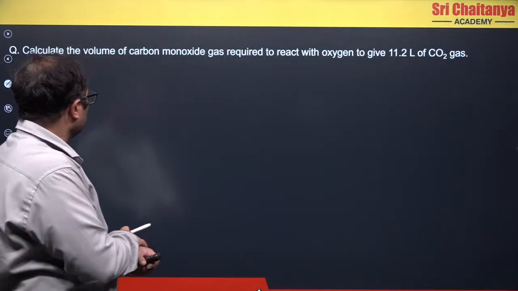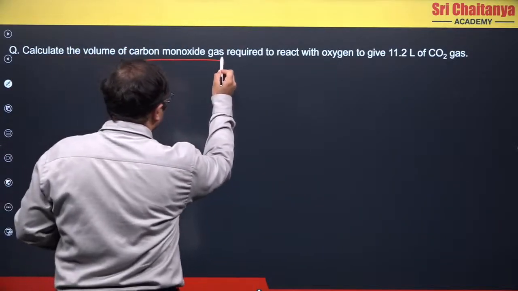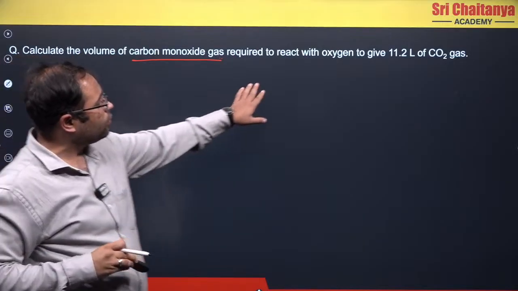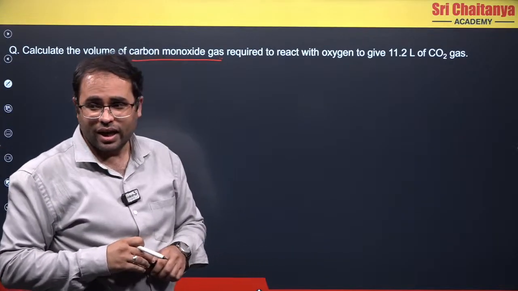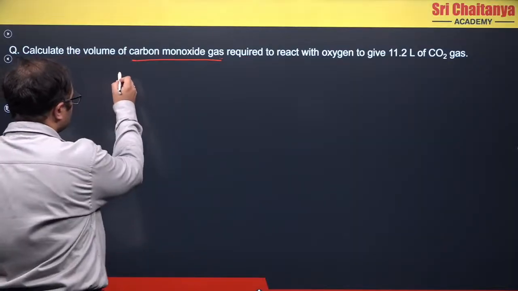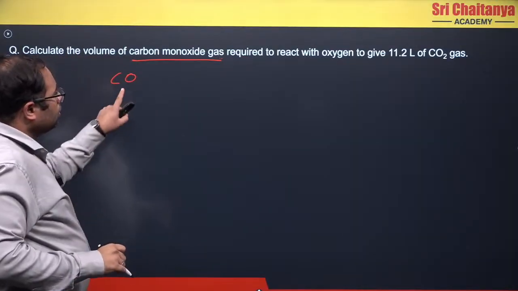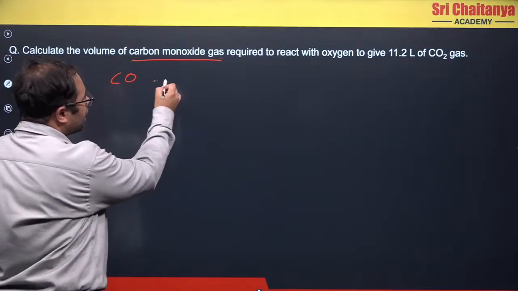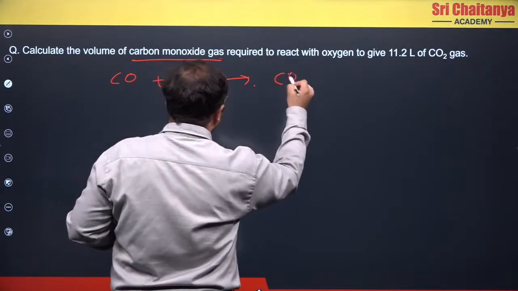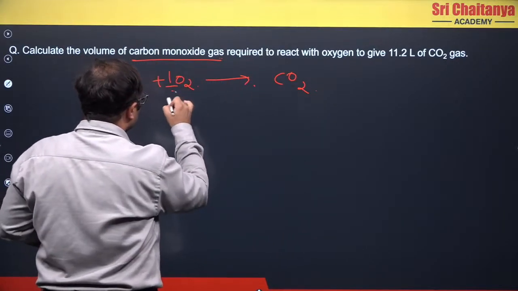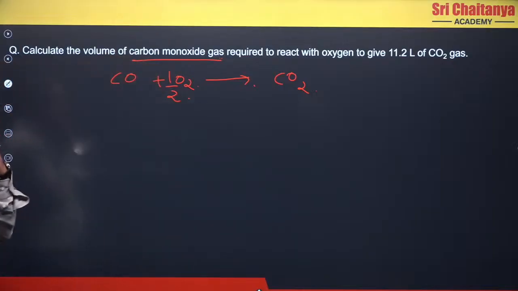So here, the volume of carbon monoxide gas required to react with oxygen to give 11.2 liters of carbon dioxide gas. So carbon monoxide gas reacts with oxygen to give you carbon dioxide gas. This will be half, right?